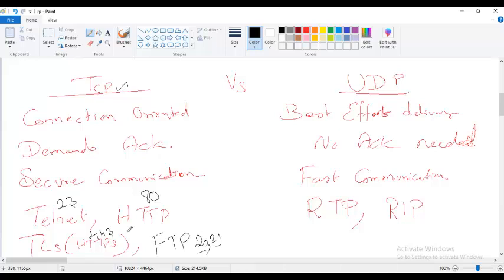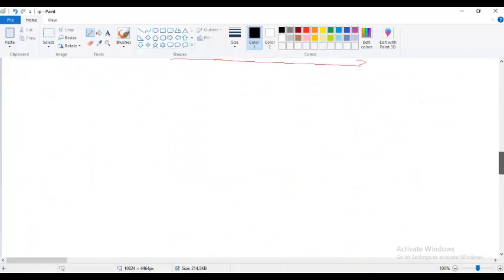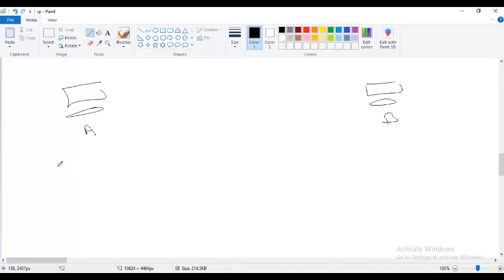For example, let's go back to our previous scenario. We have a computer called A, another computer called B. A's IP address is 10.0.0.1, B's IP address is 10.0.0.2. Suppose A's MAC address is AA and B's MAC address is BB.